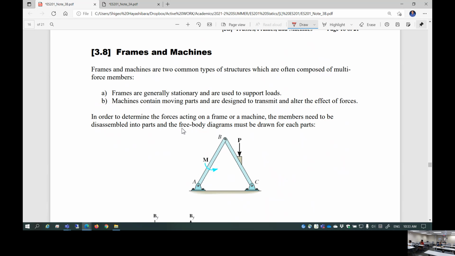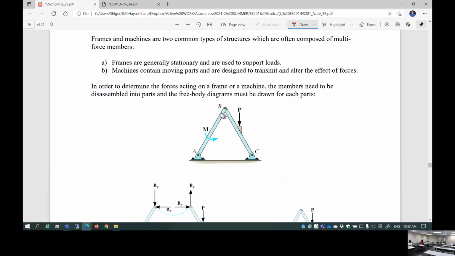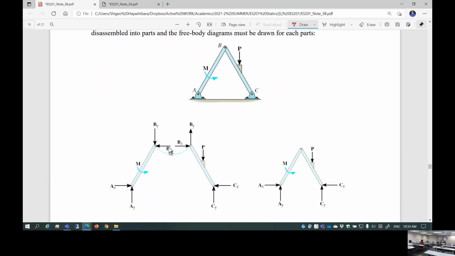In order to determine the forces acting on a frame or a machine, the members need to be disassembled into parts, and the free body diagrams must be drawn for each part. That's not simple. In other words, if you disassemble this, remove pin A, then pick up this member AB.